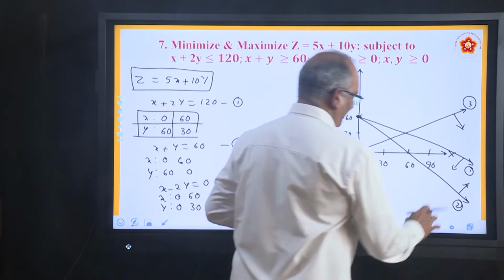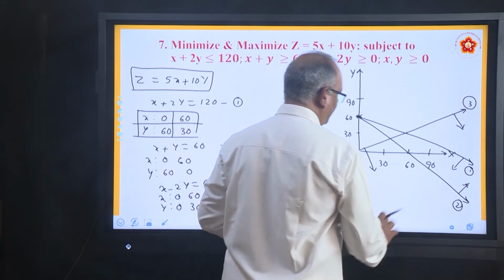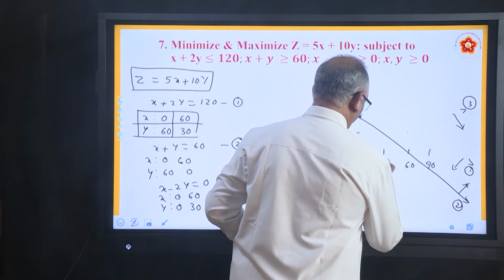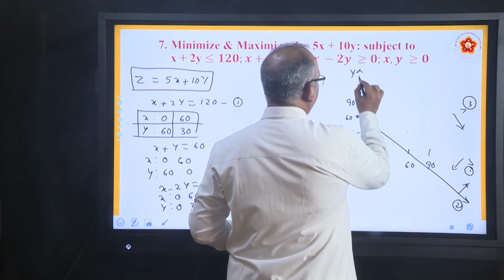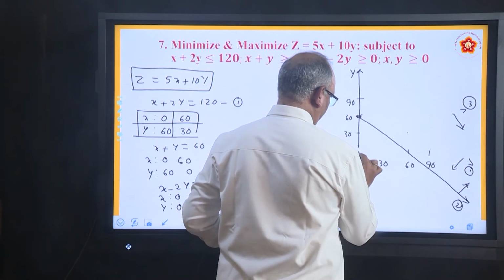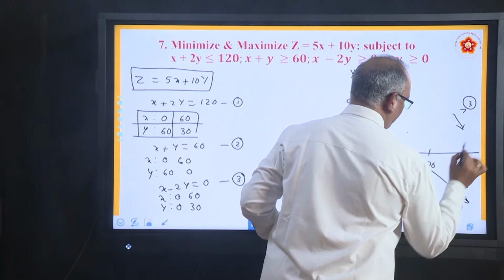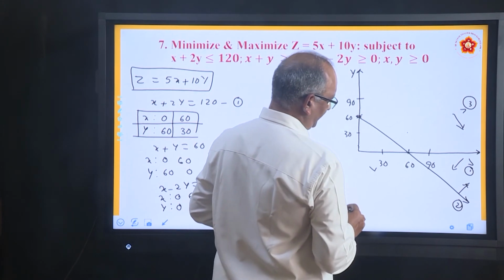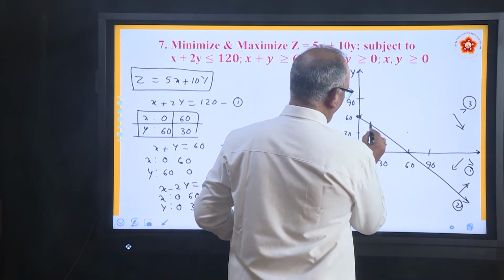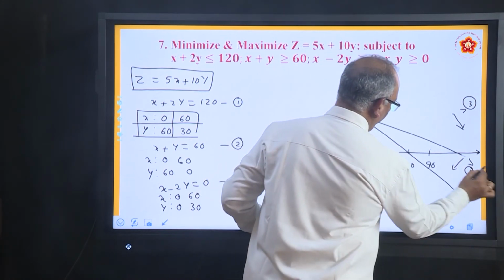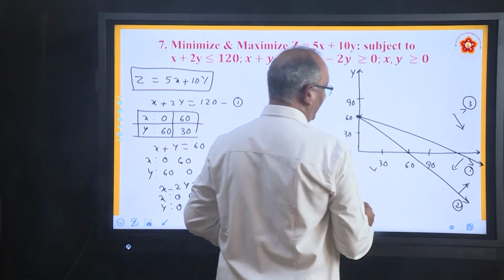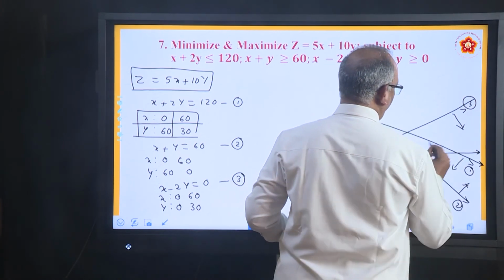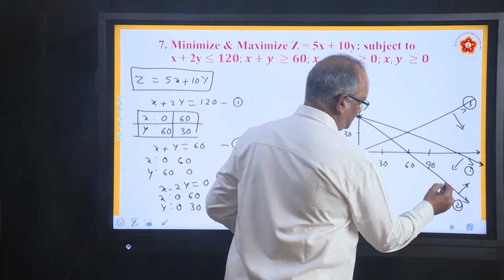Now try to find out what is the common area. So here we have to shade down.